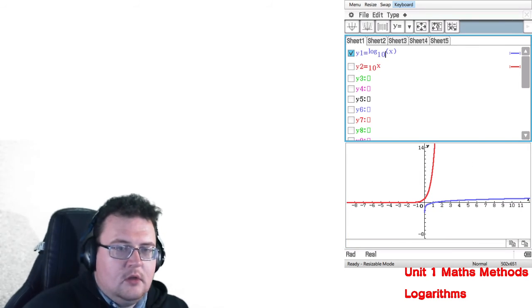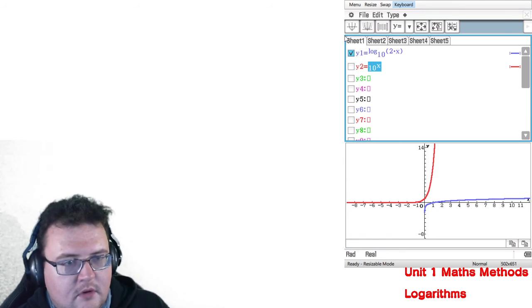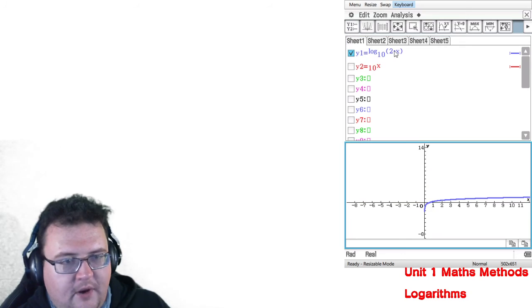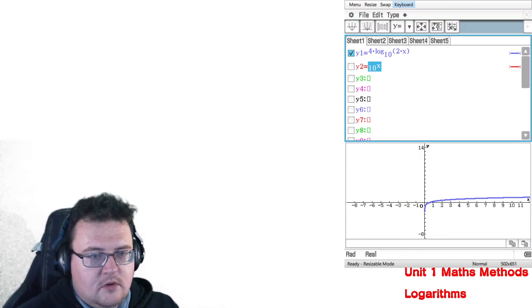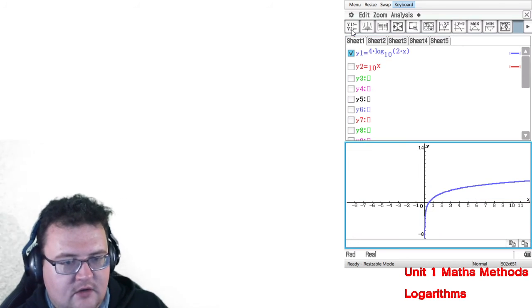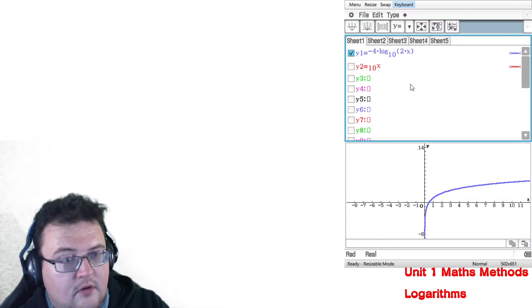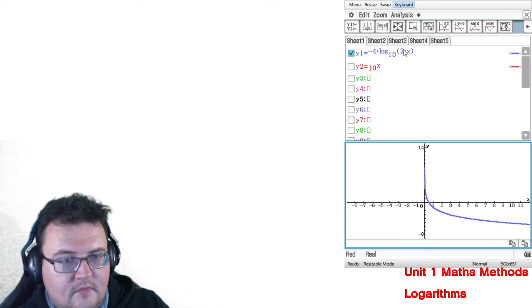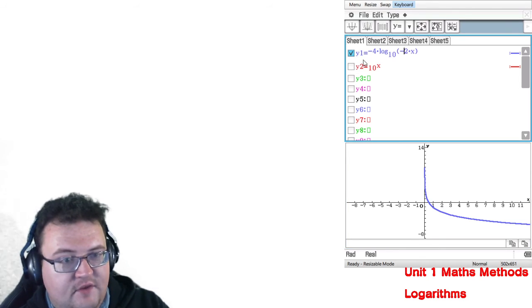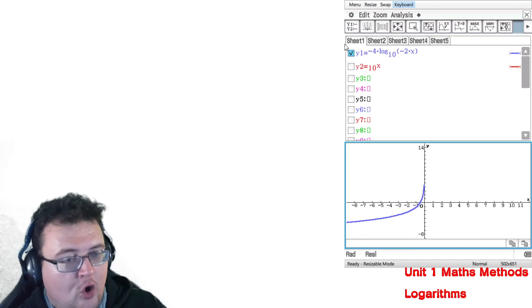But like all good graphs, we can change them by changing the numbers that we've got in front of it. I can do things like dilate them and stretch them. I can put a negative in and flip them. I can put a negative on the inside of the brackets and get them to move around like that. So it's almost like they're a square root graph, but they're not.